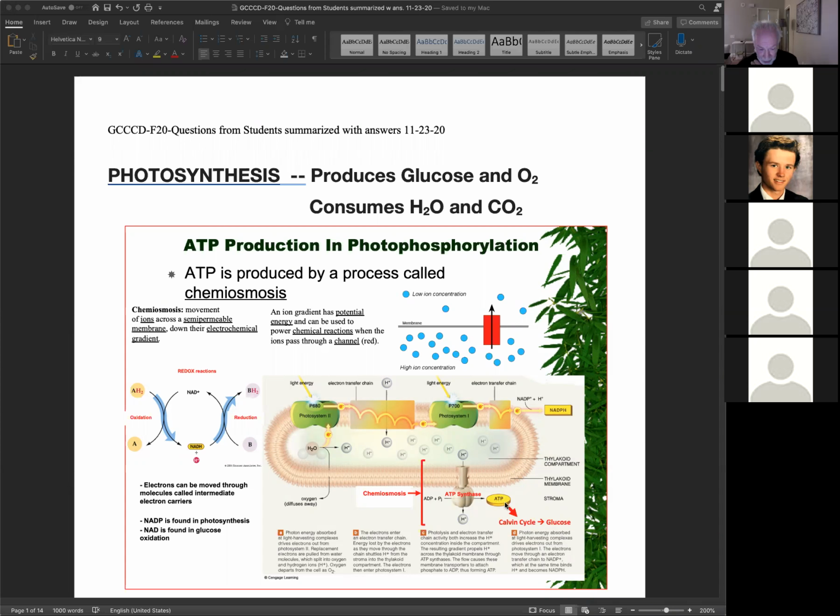And that ATP then goes to the Calvin cycle, which is the other part of photosynthesis. It's the dark reaction, and that's what fixes carbon and makes glucose.